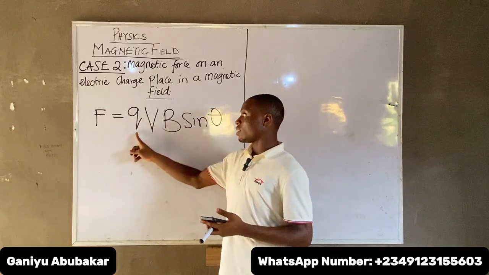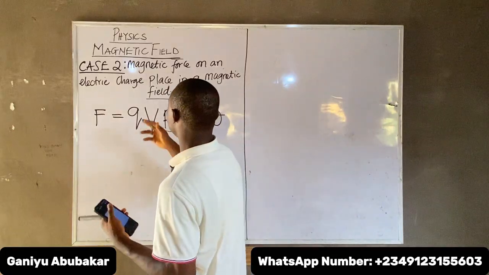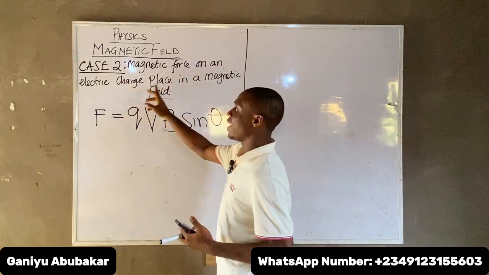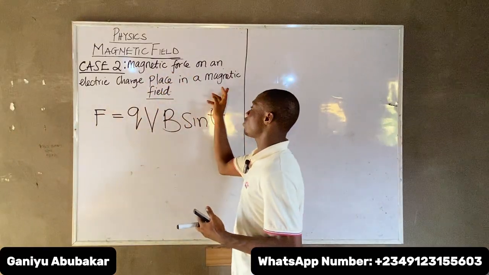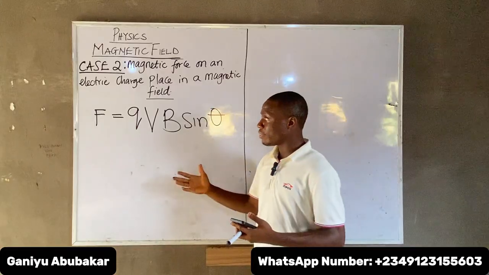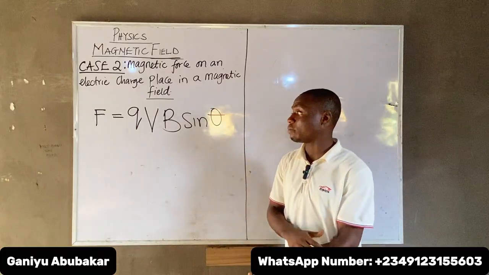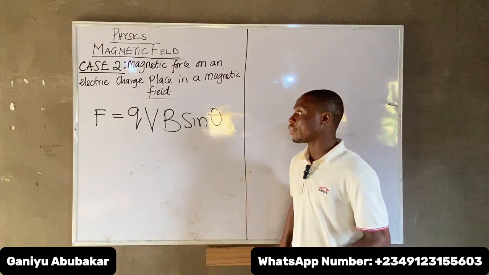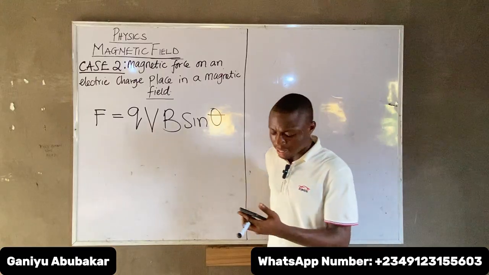When you're in charge, it means you are having the idea of magnetic force on an electric charge placed in a magnetic field, right? So the formula for this concept here is F equal to QVB sine theta.